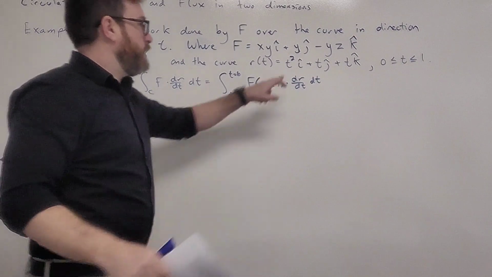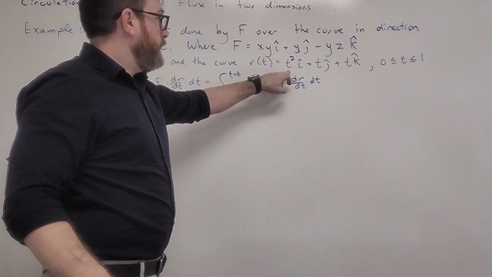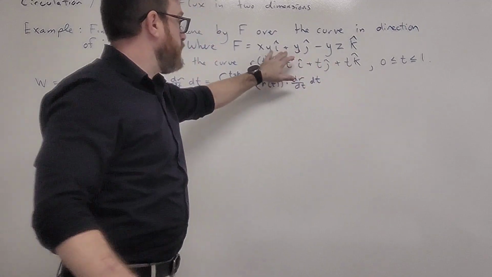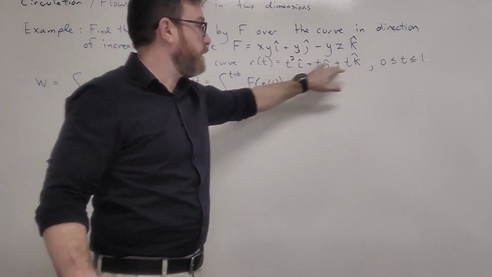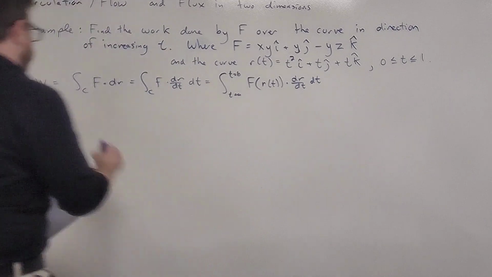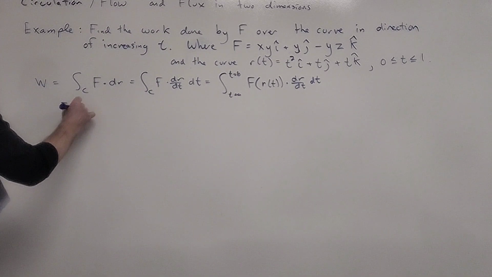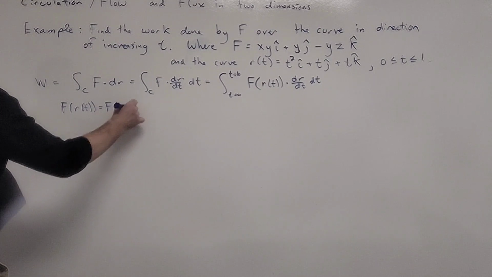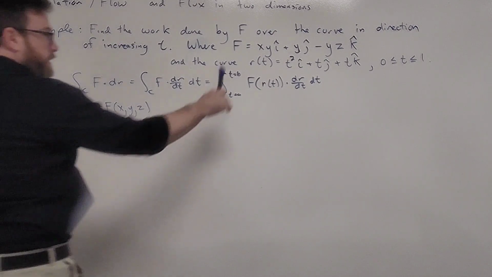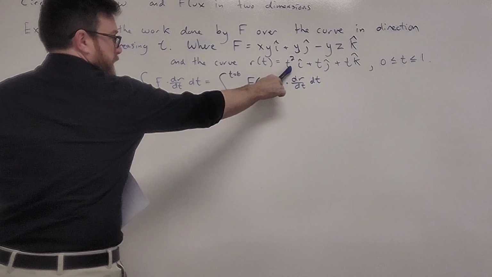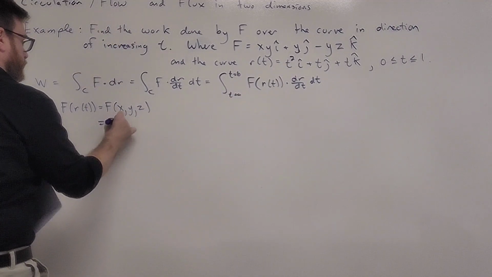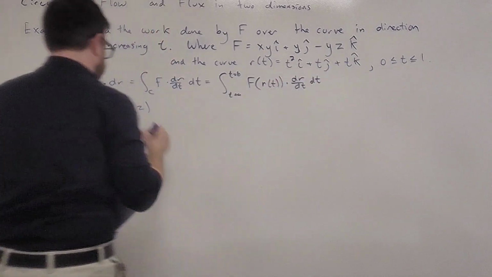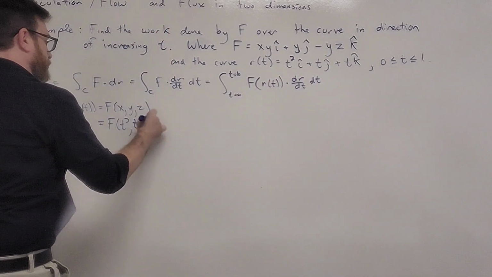Knowing that if I put this in parametric form, this is the x coordinate, this is the y coordinate, this is the z coordinate. So wherever you see x, y, and z, you're going to put the appropriate coordinates in there. So F evaluated at r(t) is going to be F of x, y, z. But we know that x is equal to t squared, y is equal to t, and z is also equal to t.